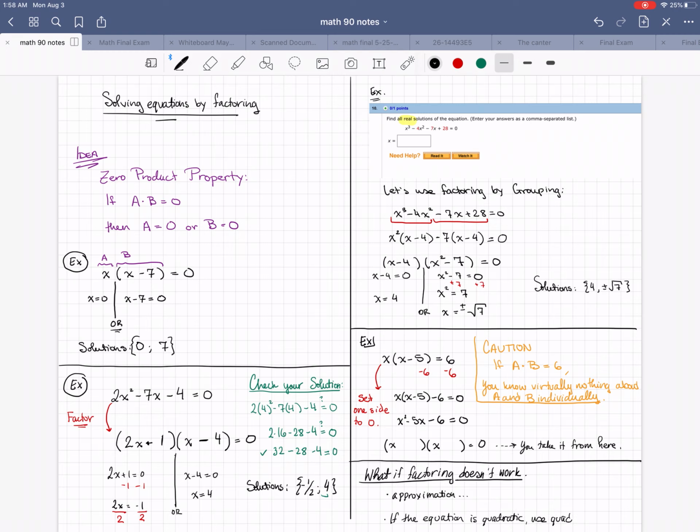Now, I know as soon as I say this, this is kind of like the floodgates. I know that there are some of you who are thinking, oh yeah, quadratic formula, I know that. I'm just going to use it all the time. Forget factoring. And I want to caution you against that for several reasons. But the first one is factoring by grouping is not going to be substituted by the quadratic formula. If something can be solved by factoring by grouping, the quadratic formula won't help you.